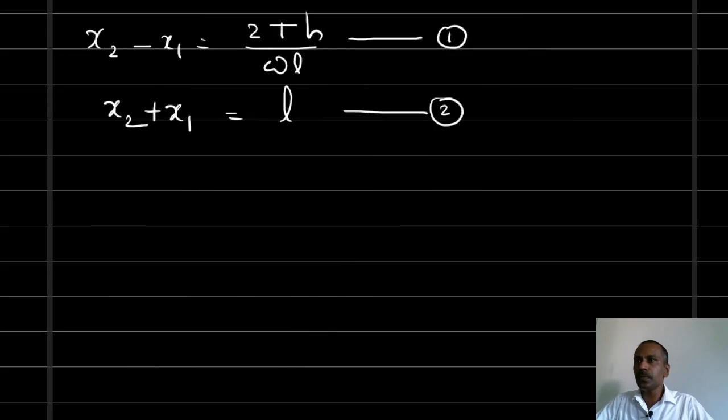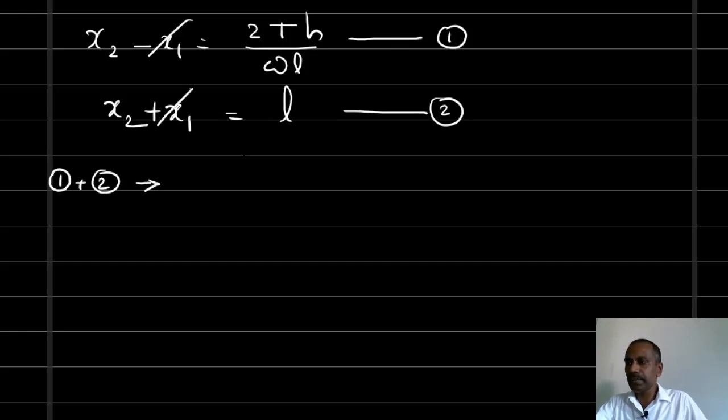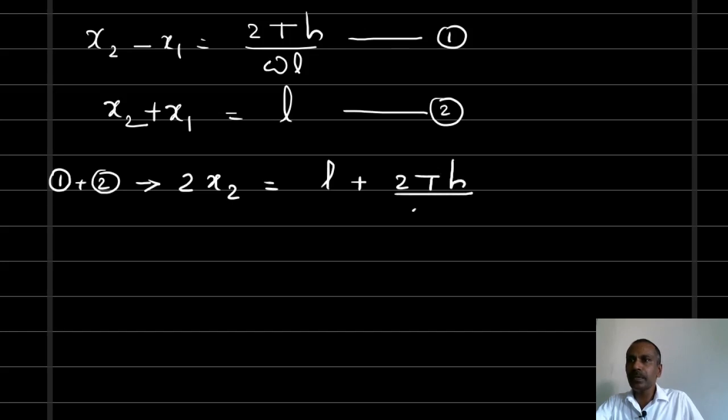Now we got two expressions in terms of x2 and x1. Let's solve these two expressions. 1 plus 2 gives this, minus x1 and plus x1 getting cancelled. 2x2 is equal to L plus 2Th divided by WL, or x2 is equal to L by 2 plus Th divided by WL.